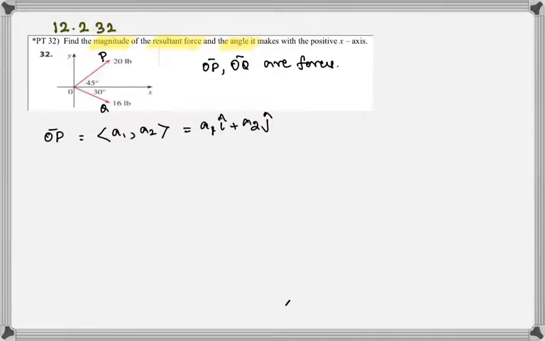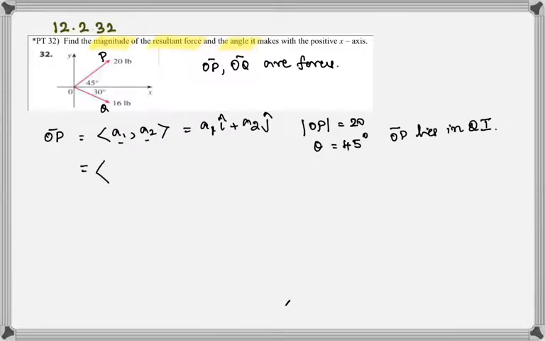In this case, the magnitude of the vector OP is 20 lb, and it makes an angle theta equal to 45 degrees. Also vector OP lies in quadrant number 1, which is important here, which means that the x component and the y component have to be positive.